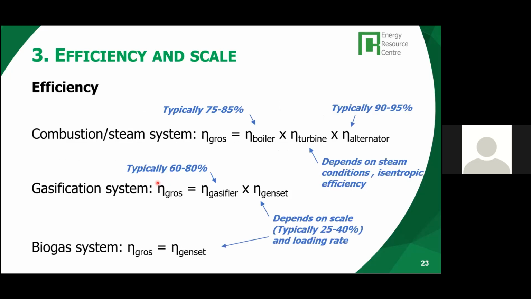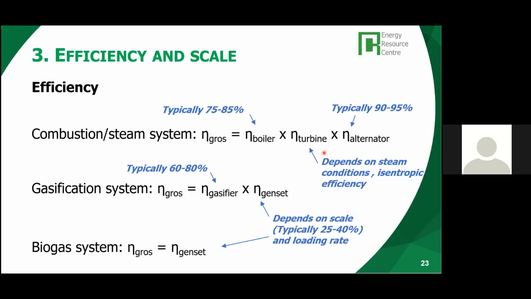Now, for the three different types of systems that we've been looking at, we can look at the part efficiencies that play a part in the overall efficiency. For combustion and steam systems, the overall gross efficiency depends on the boiler efficiency on one hand, so the efficiency of converting the fuel to heat, and the heat to steam.